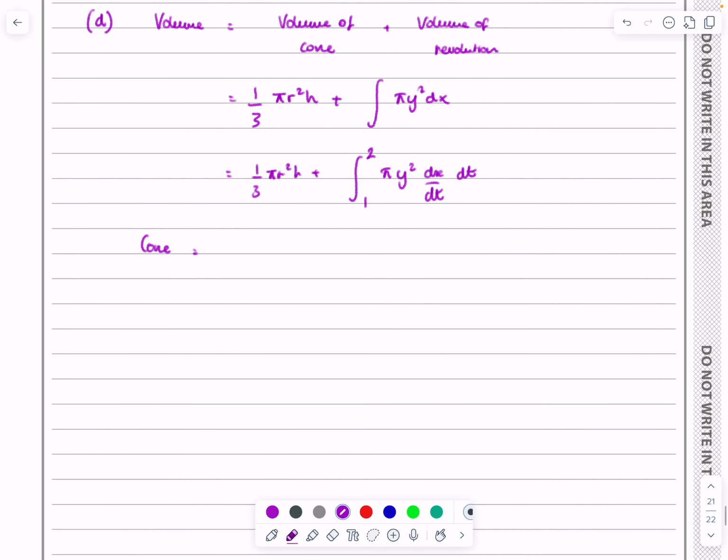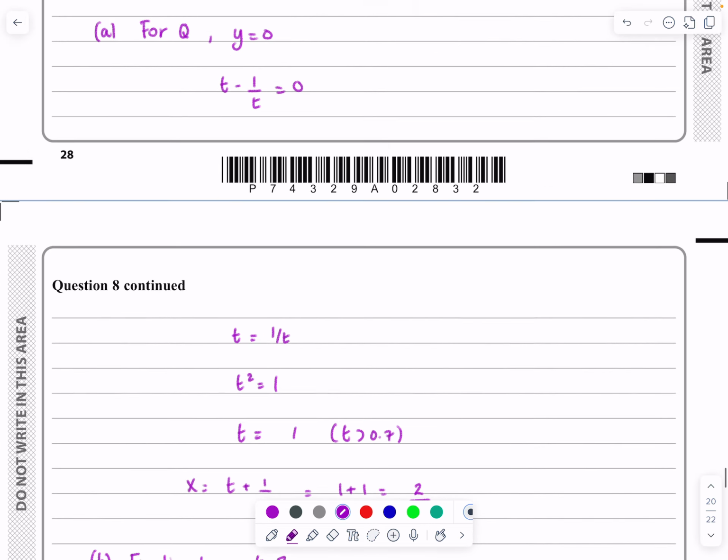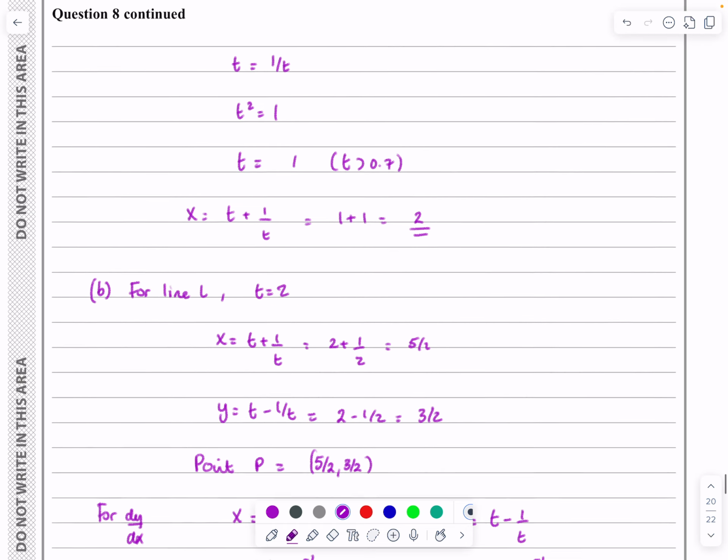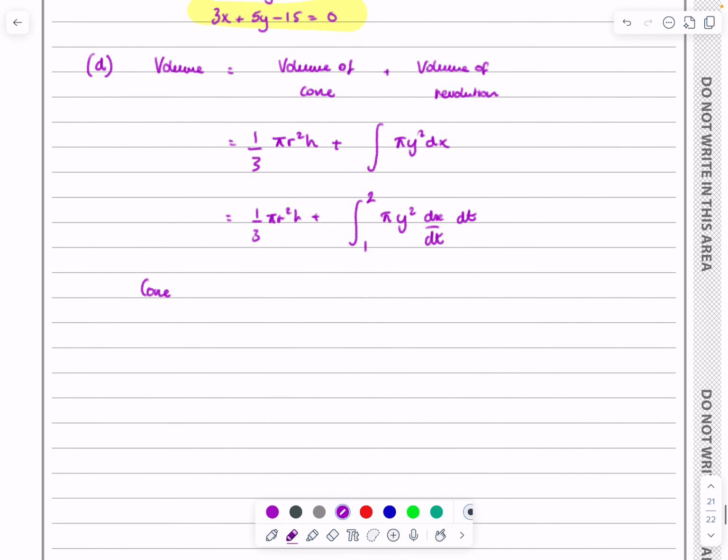So for the cone, plenty of time to do this one, so let's just take our time. For the cone, just go back and say what we're saying here. For the cone, L meets the x-axis.